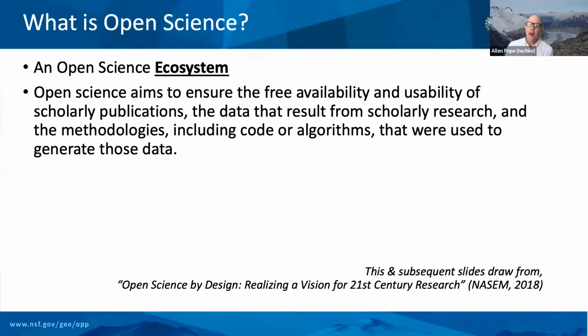But first, what we're talking about is both an ethos and an ecosystem. So open science aims to ensure the free availability and usability of scholarly publications, the data that result from scholarly research, and the methodologies, including code or algorithms that were used to generate those data. So it's sharing your research and what went into your research along the way, to put it simply and perhaps overly simplistically.